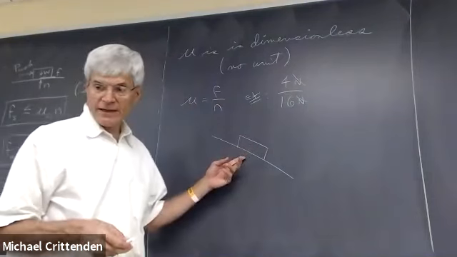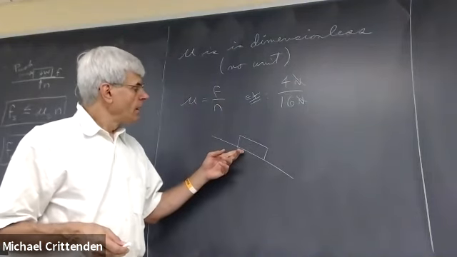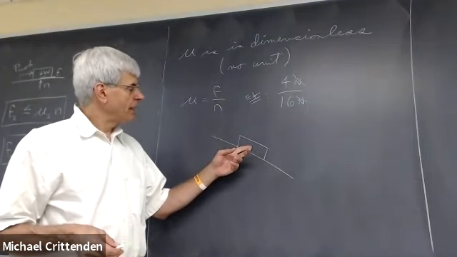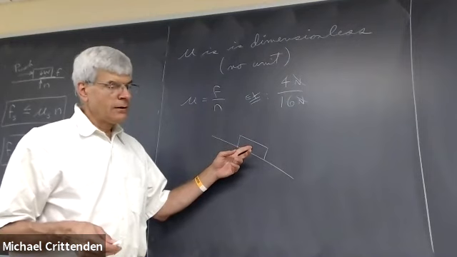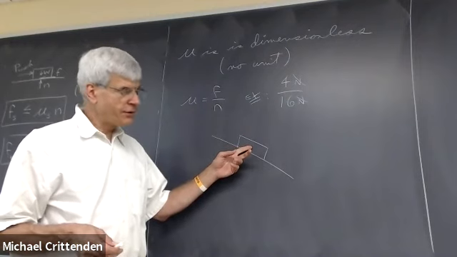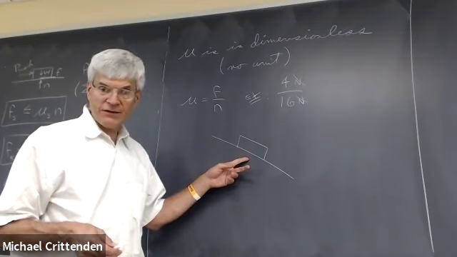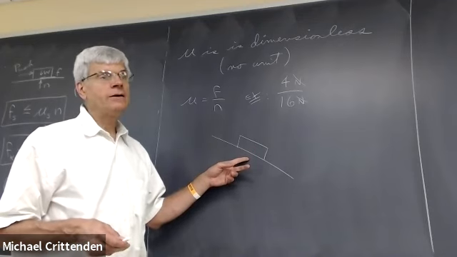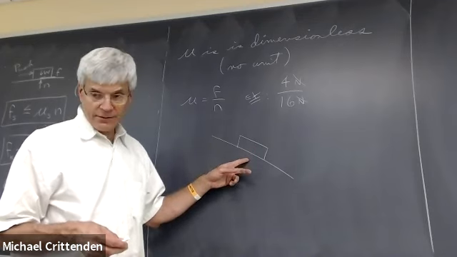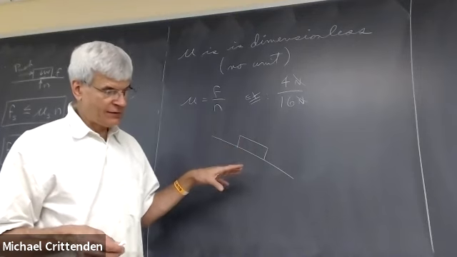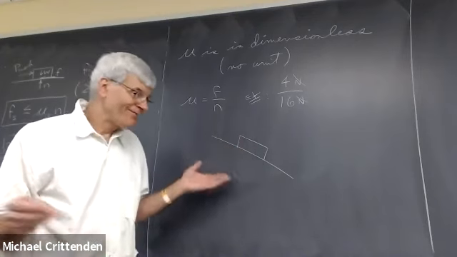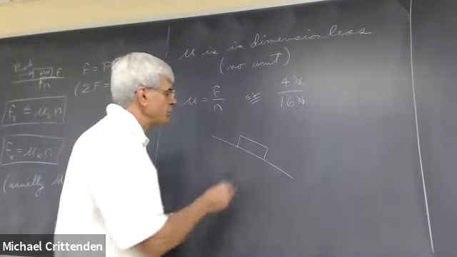There's the eraser sitting on the box. There is a force on that eraser, which is due to the fact that it's in contact with the box it's sitting on. It is usually convenient to take that contact force and break it up into 2 components.